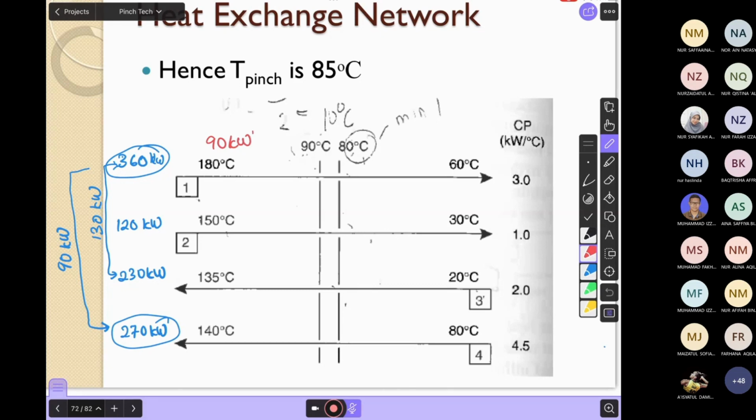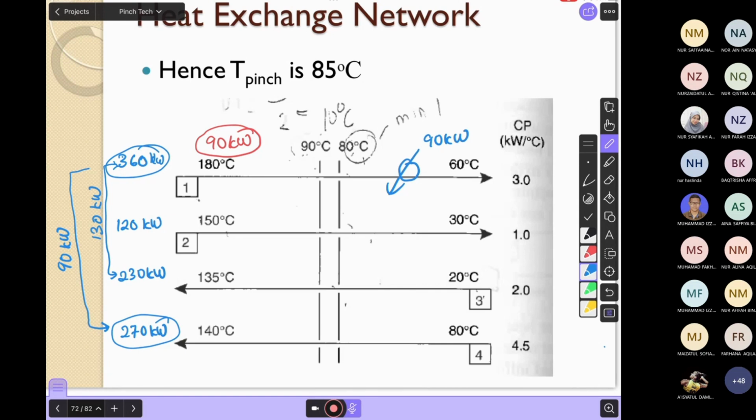Ada 90 kilowatt lagi to cool down the process for the hot stream. So you need to install cooler here, where the cooler needs about 90 kilowatt of energy.